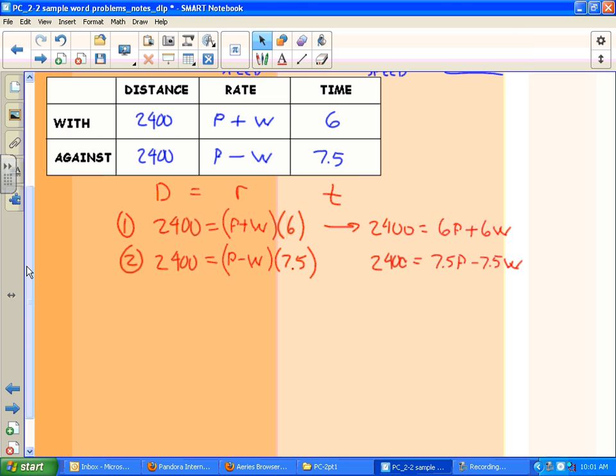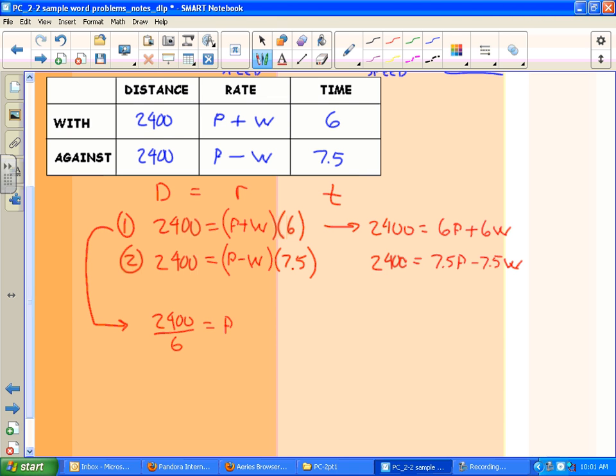Yes, sir. You just divide the first one by 6, the second by 7.5. Great idea. There's always a fork in the road when it comes to these problems. So Jordan's question, can I take equation number 1 and divide 2400 by 6 and just get P plus W? What do you guys think? Can I do that?